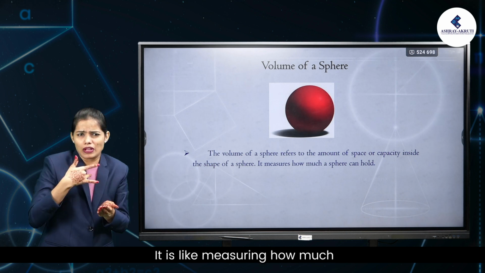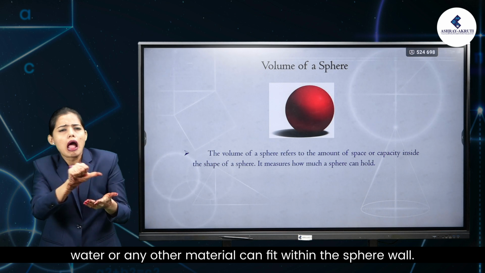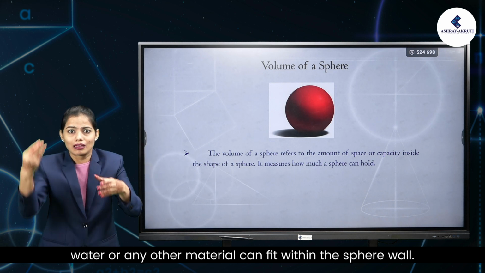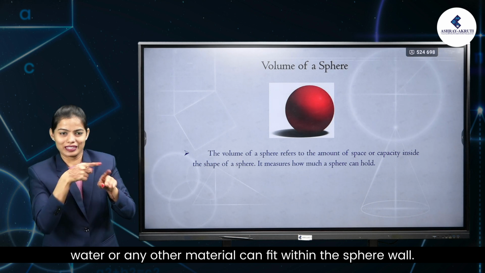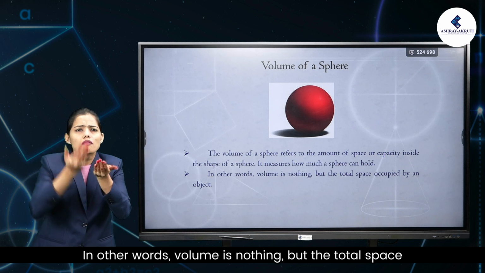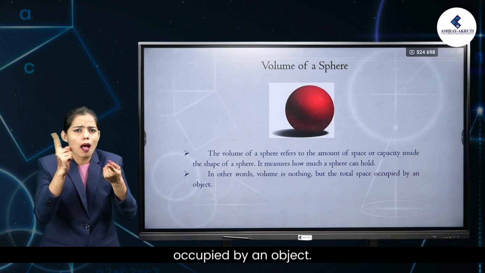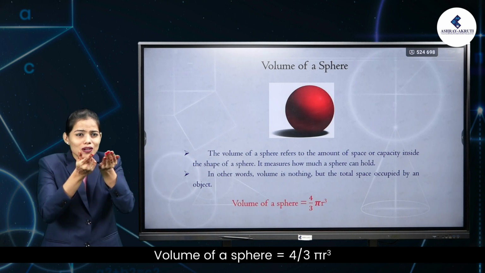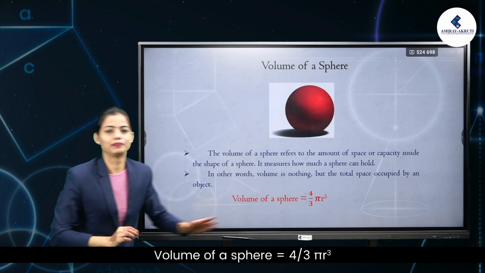It is like measuring how much water or any other material can fit within the sphere wall. In other words, volume is nothing but the total space occupied by an object. Volume of a sphere is equal to 4 by 3 pi r cube.